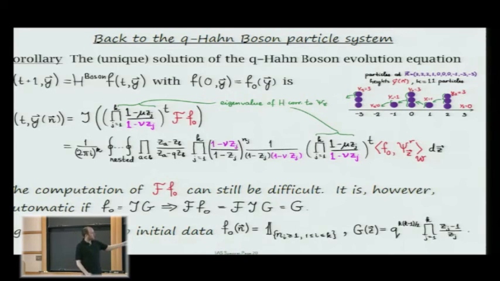So, well, let's see what we get. If we want to solve this for general initial data, you should take the initial data and project onto the eigenspace. That essentially diagonalizes the action of the Hamiltonian, or of the matrix. You just get these multiplicative terms with the eigenvalues, and then you should transform back into the real variables. So it's a very compact formula, but how useful is it? Here's another way of writing it in terms of contour integrals.